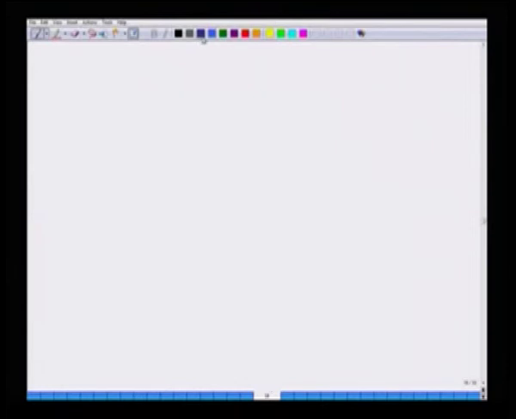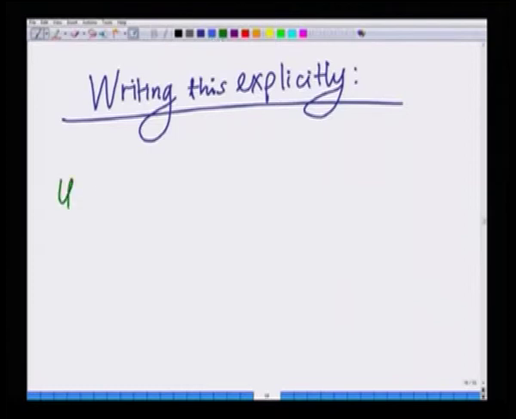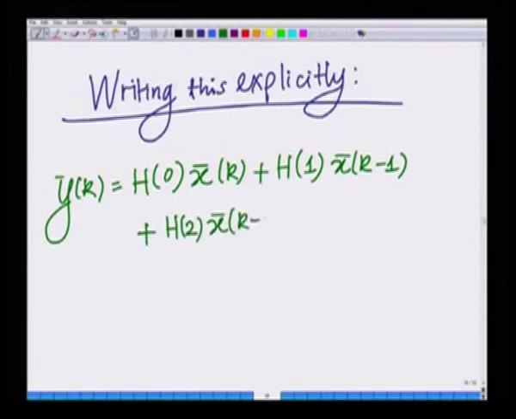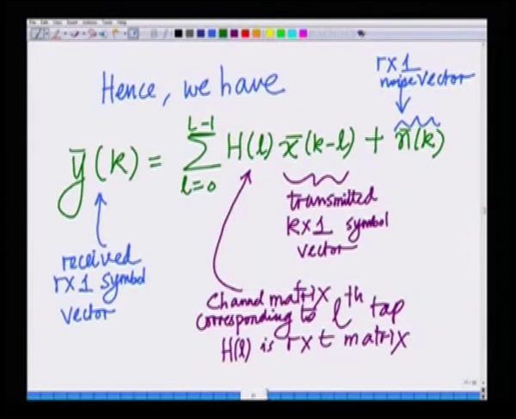In fact, we can write this explicitly. Writing this explicitly, we can see that y bar k equals h0 x bar k plus h1 x bar k minus 1 plus h2 x bar k minus 2 and so on, plus h L minus 1 x bar k minus L plus 1, plus n bar of k.